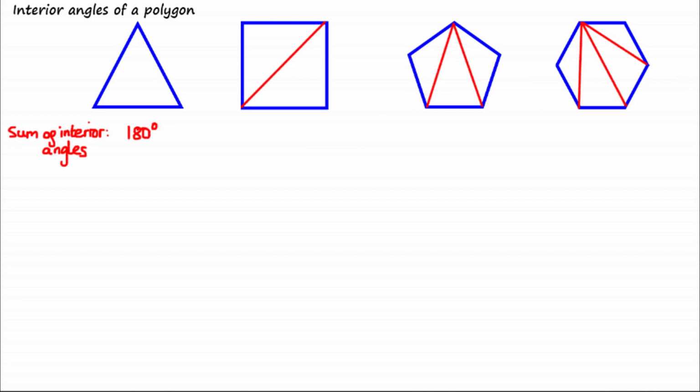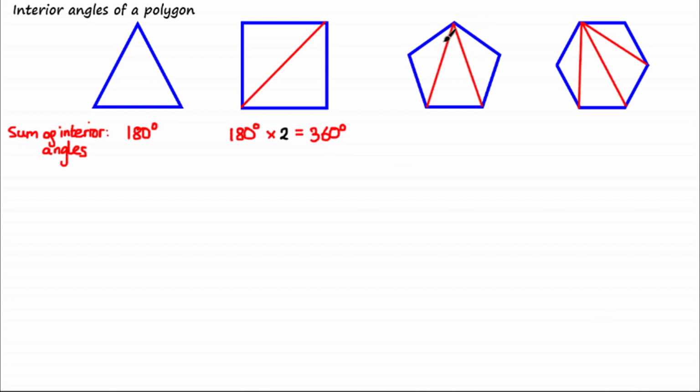Okay, now as there are 2 triangles that make up a square, it follows that the sum of interior angles inside a square is equal to 180 degrees multiplied by 2, which is equal to 360 degrees. And you'll find that this is the sum of interior angles for any 4-sided polygon.